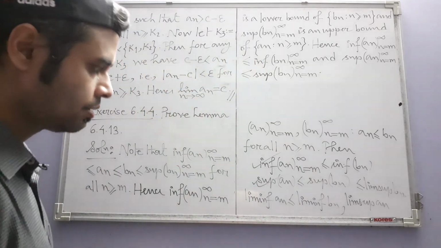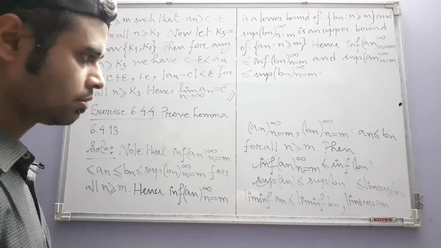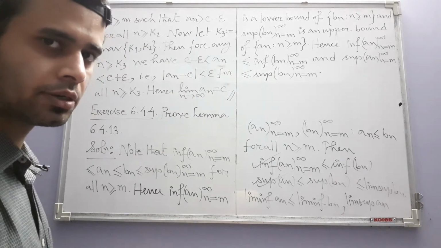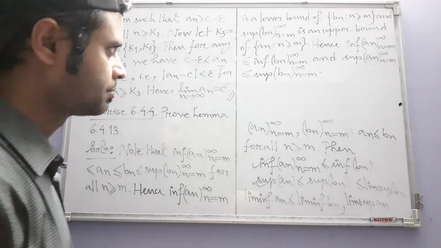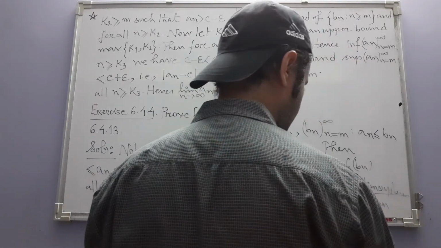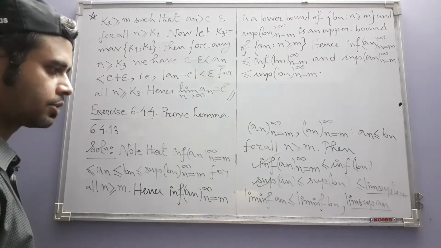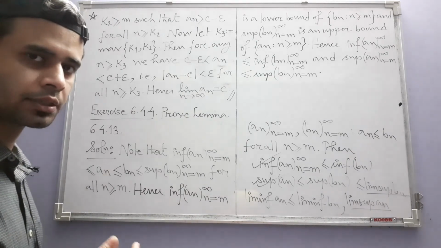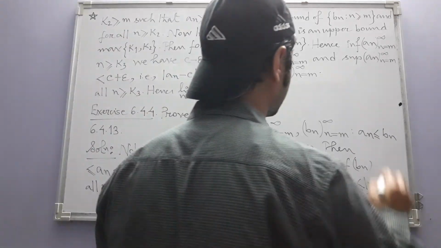Now next we look at any one of these, limit superior or limit inferior. Let us choose this limit superior. Okay, limit inferior we will just say one can do it similarly.